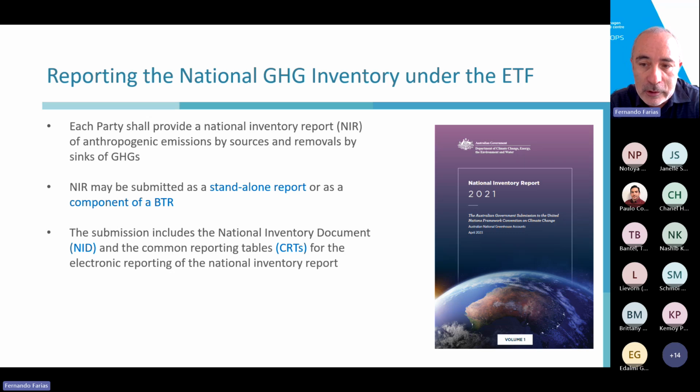Now the situation is slightly different, in that although we have the same chapter under this biennial transparency report, we also have the possibility to produce what is called a national inventory report that comprises national inventory documents and the common reporting tables. We will have the opportunity to work closely on both of them during these 3 days.